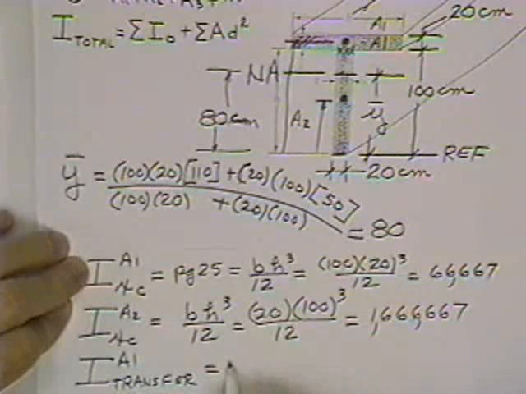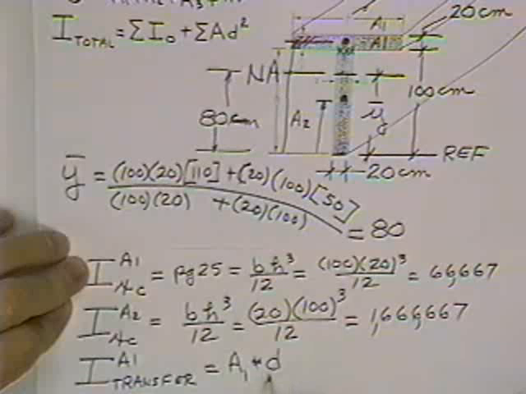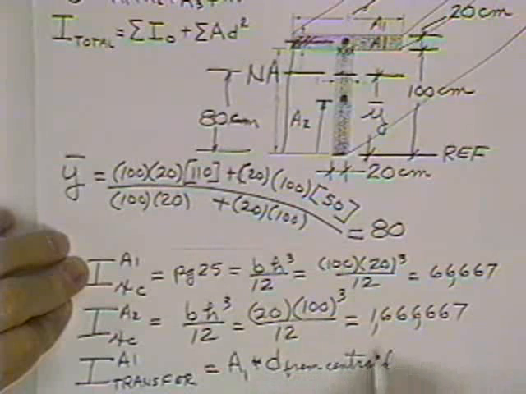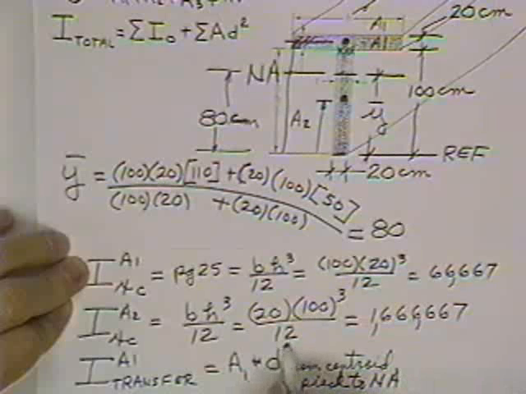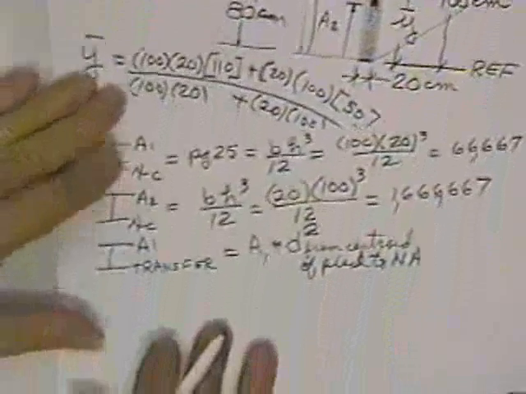And that transfer moment of inertia is how much area 1 has, multiplied times how far it is from the neutral axis, d, from the centroid of the piece to the neutral axis. And you don't only get that, you get it squared, A d squared.